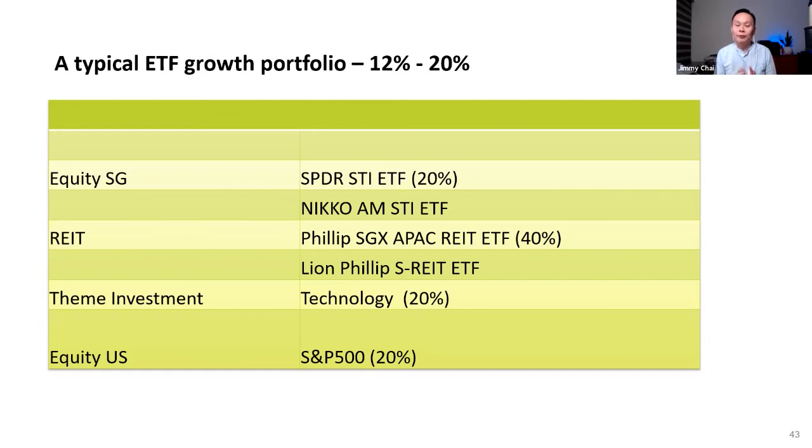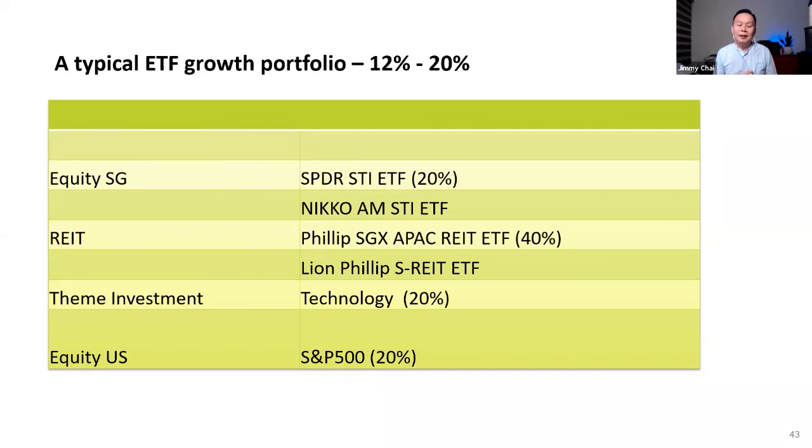I'm not talking about the whole period, but annualized 12 to 20%. So it will have 20% in STI ETF, and then 40% in REITs, which will give you some income as well as growth.